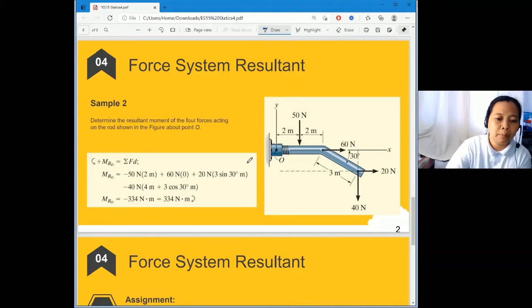Anything that produces a moment that is clockwise should be treated as negative. Do not confuse yourself.